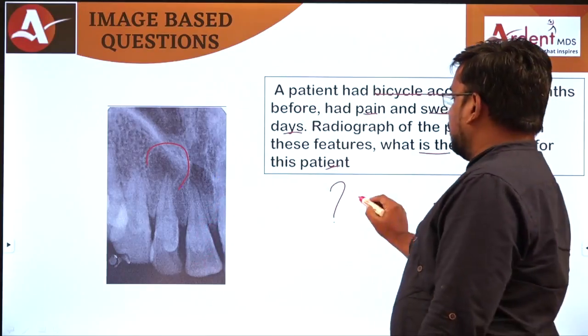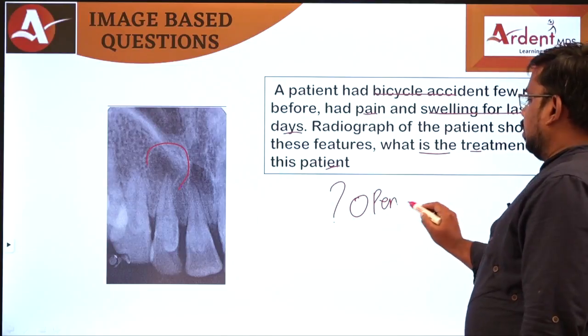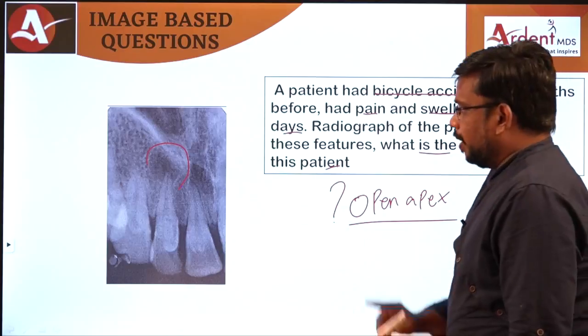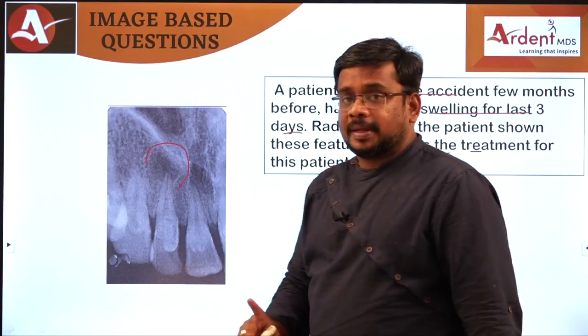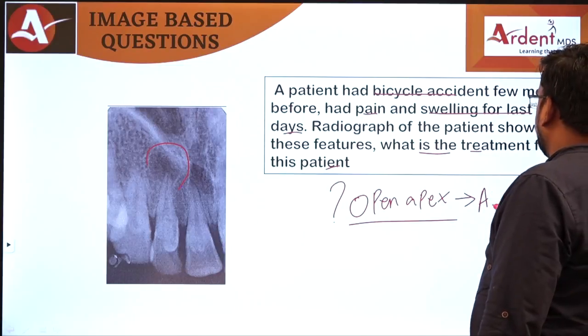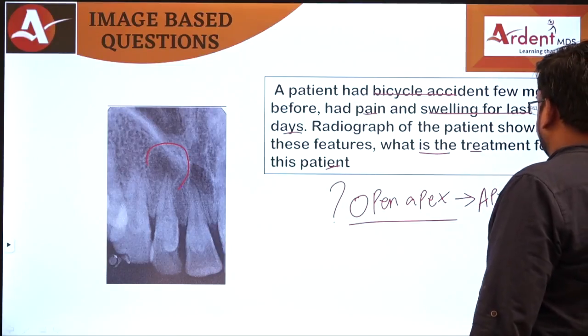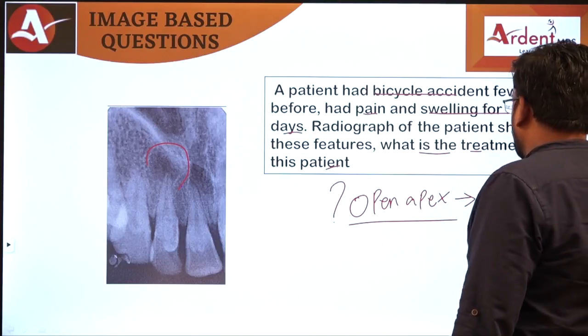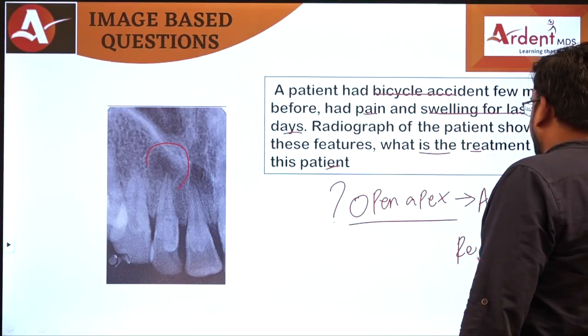If it is an open apex, so the picture is about closed apex. In case the picture is open apex, then you can try apexification because the tooth is non-vital, or you can go for regenerative endodontics.